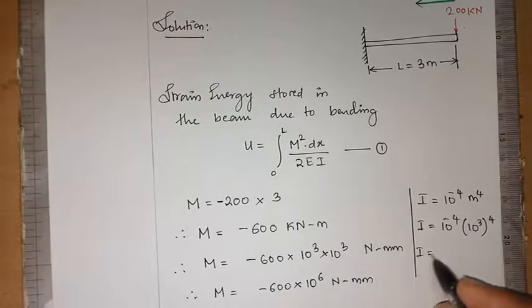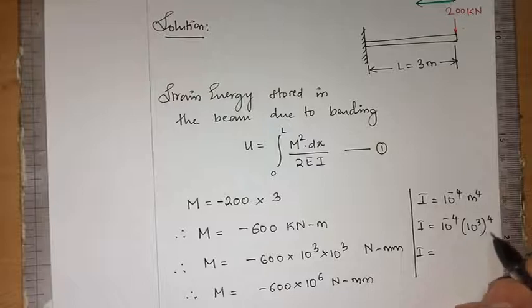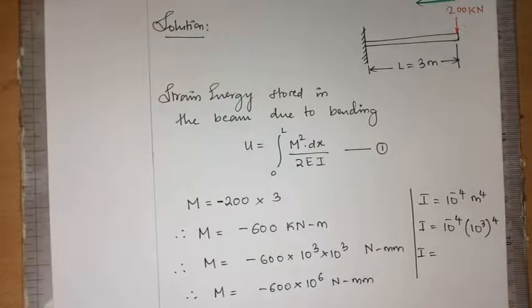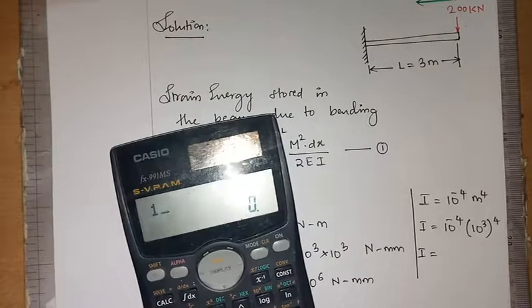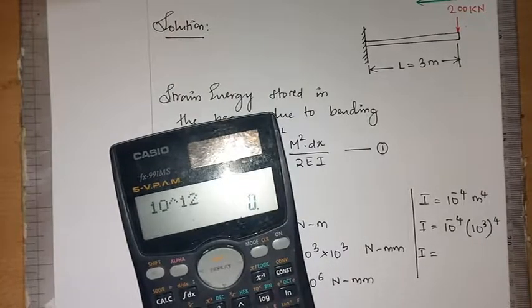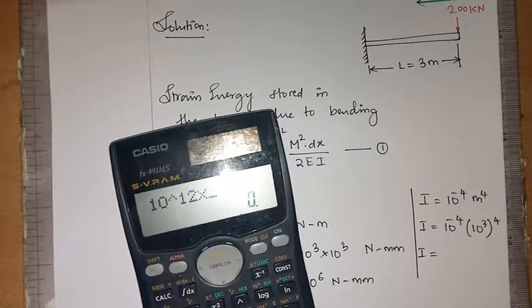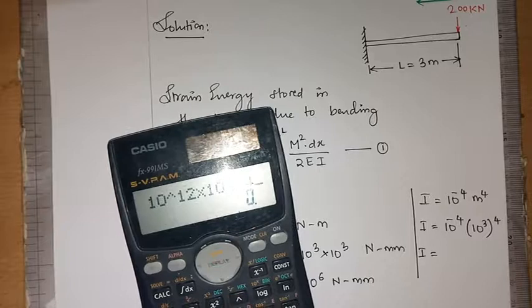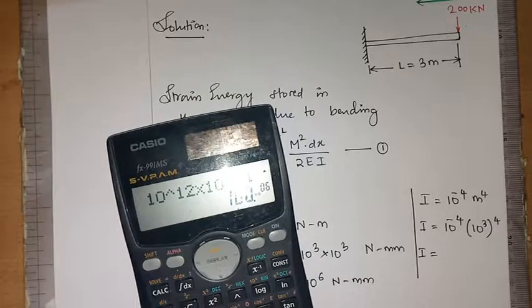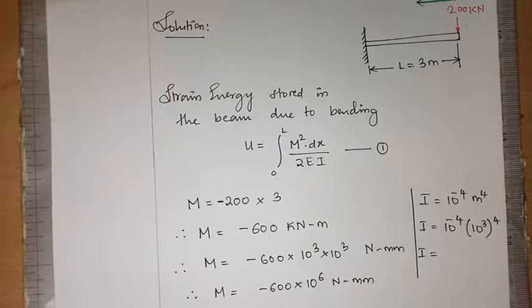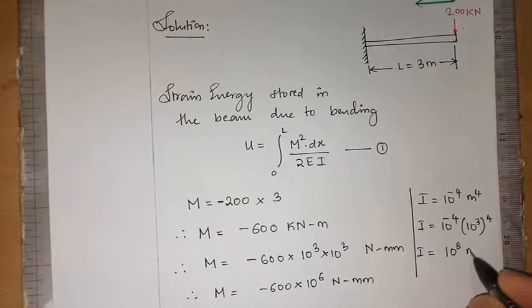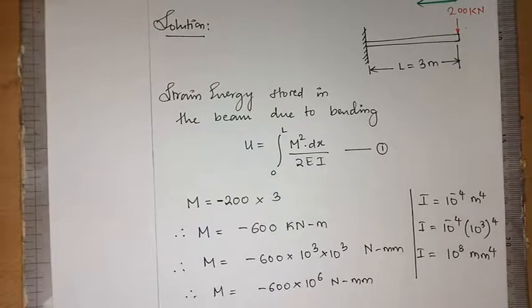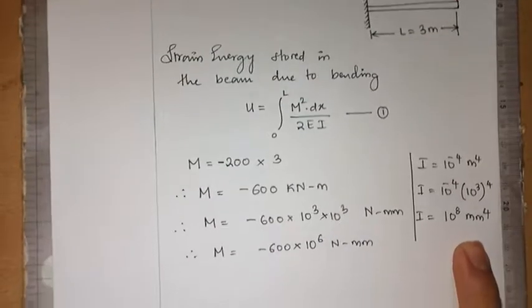So that is 10 raised to 12, into 10 raised to minus 4. So it will be 10 raised to 8, and the unit will be mm raised to 4. Right, so this is important. Everything should be expressed in mm.